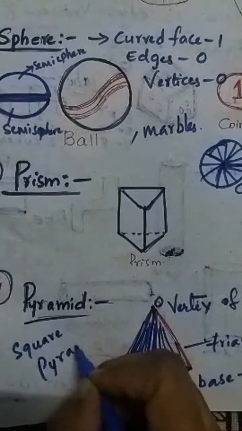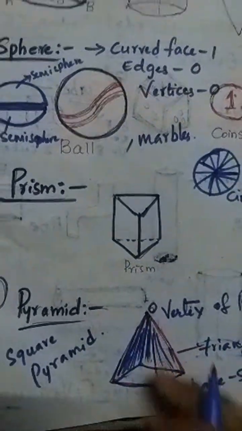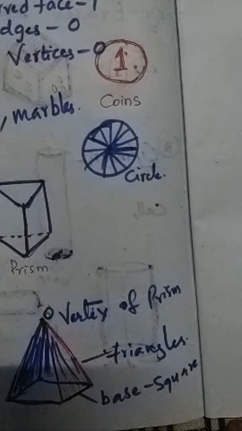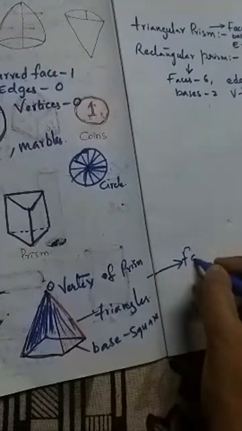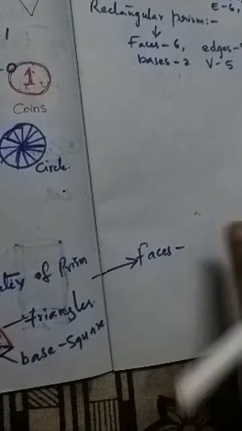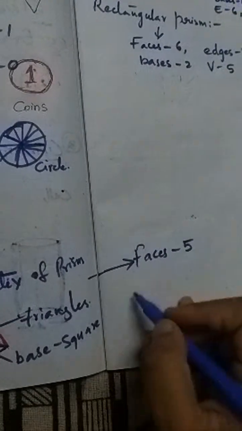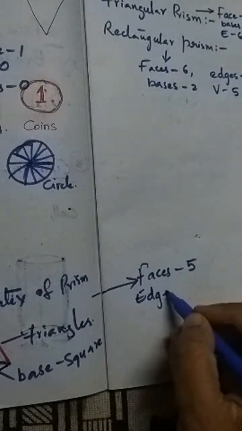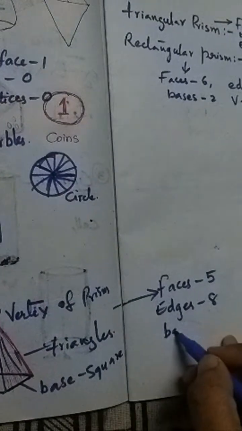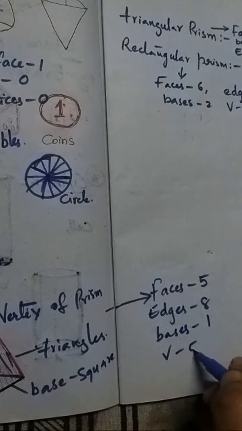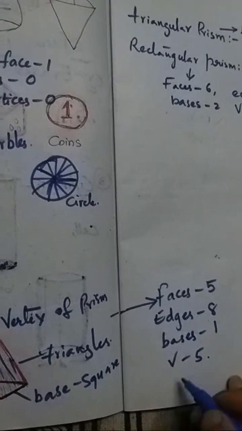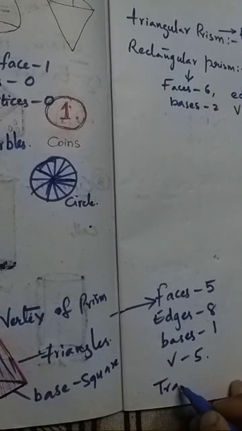These are the 3D shapes. We have how many faces for this? Faces are 5 for this, and edges how many? 8 edges. Base is a square base, that is one only. Vertices are 5. Okay, triangular faces, we get triangular faces.